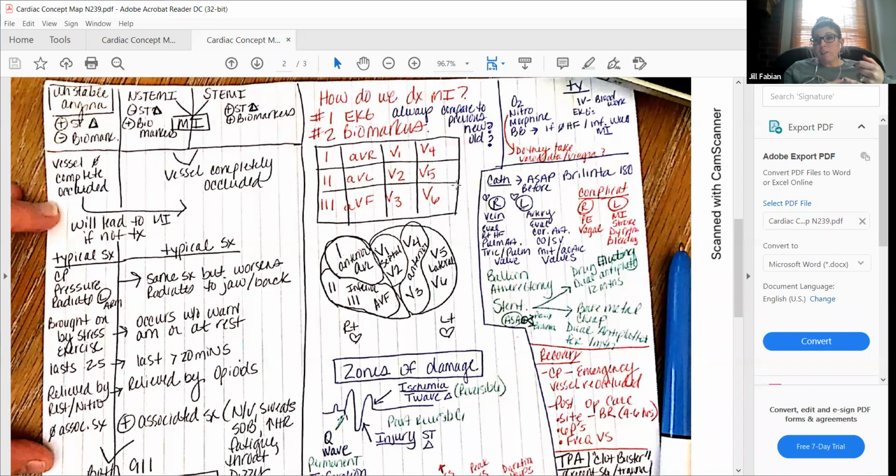So they would look at the risk factors, like, are they a smoker? Are they overweight? Do they have a family history? Do they have hyperlipidemia? Because if their biomarkers are negative and they have no ST elevation, but they've smoked for 50 years, they're overweight, they have a family history, they had a brother that died of a heart attack in his 50s and this person's 60, and they have hyperlipidemia, you better believe we're still going to work that patient up.